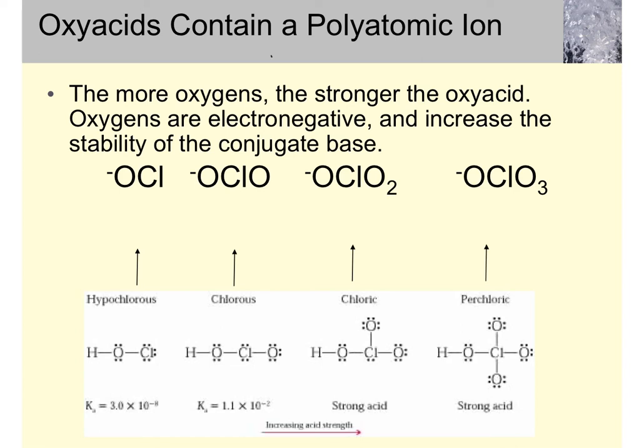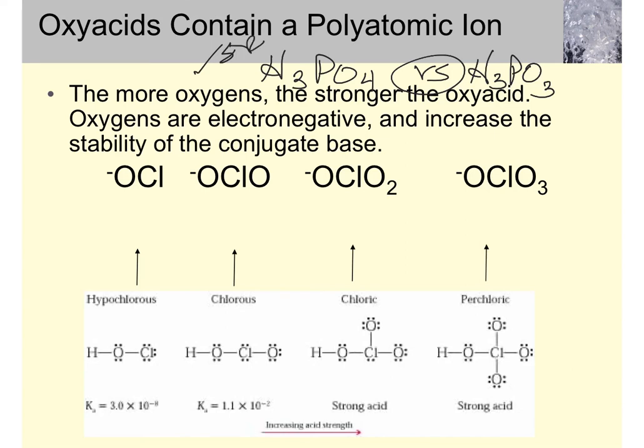So let's look at phosphoric acid versus phosphorous acid to compare it to. Those are both weak acids, but H3PO4 is a stronger acid overall than H3PO3.